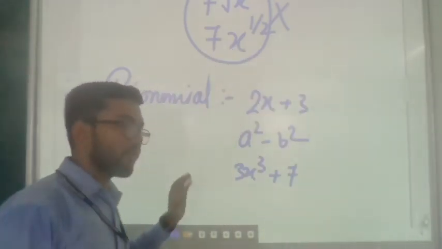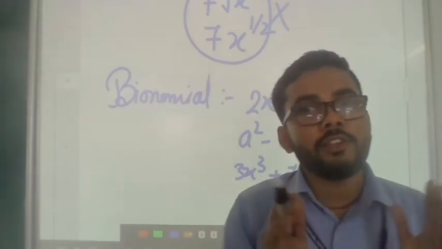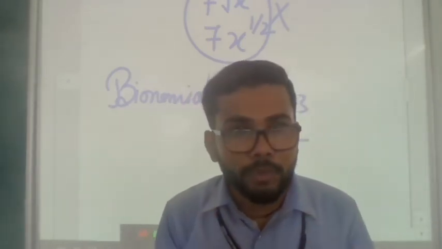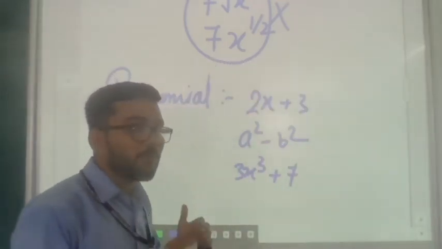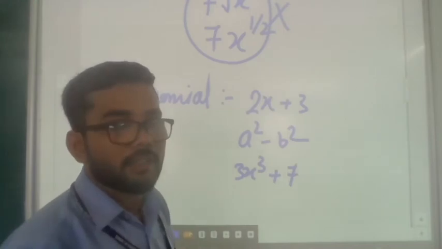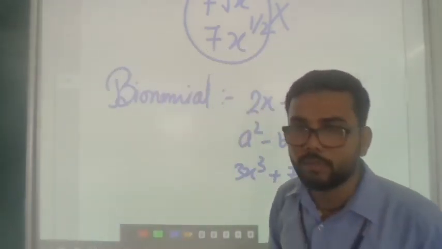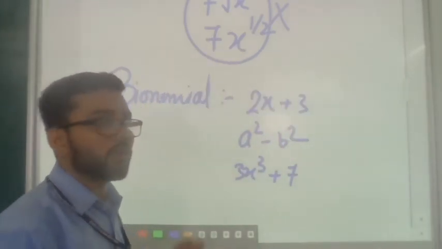Trinomial means 3 terms. Monomial, binomial and trinomial are all polynomials. Every algebraic expression which consists of one or more terms is called a polynomial.